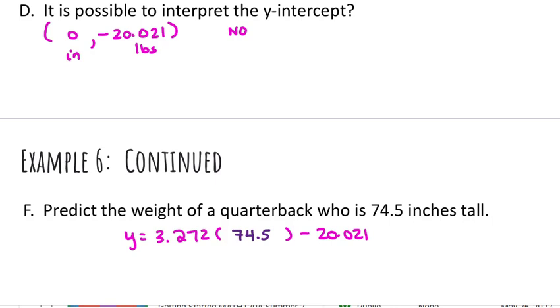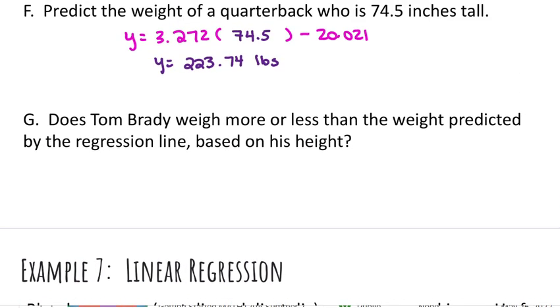And when we do that, I believe we get 223.74 pounds. And if you go back to the original data sets, 74.5 does fall within that range. So this would be a reliable solution because it's interpolation, and I would say 223 pounds is reasonable for a weight.